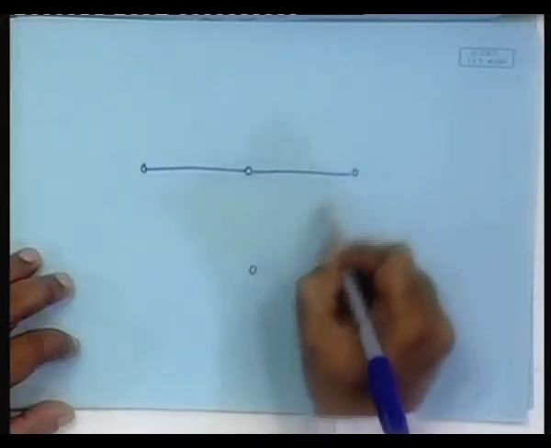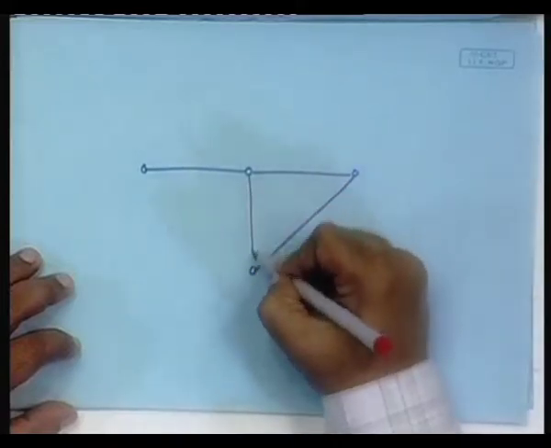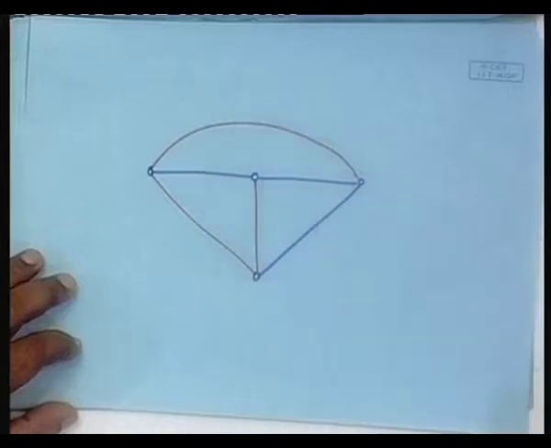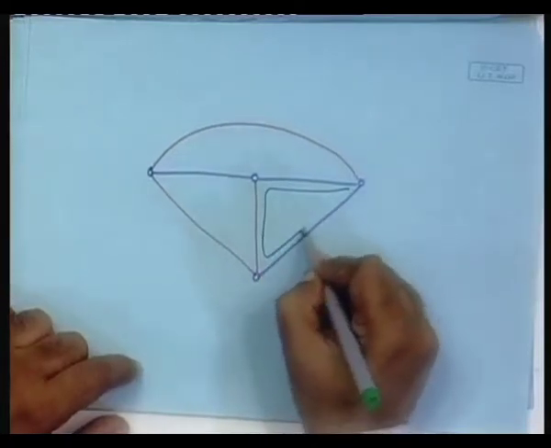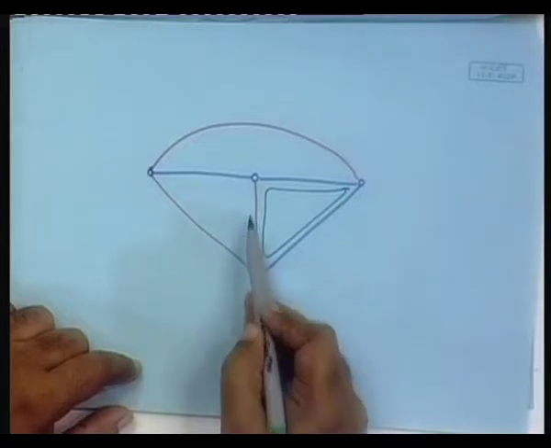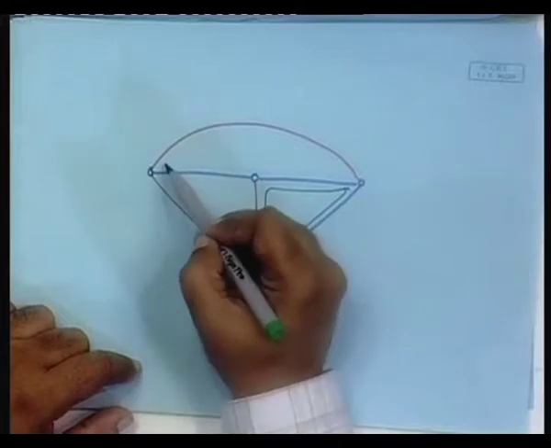This, and this are the... So, only one co-tree branch. The red one is a co-tree branch. So, this is one. Is there any other? Not this? Yes.